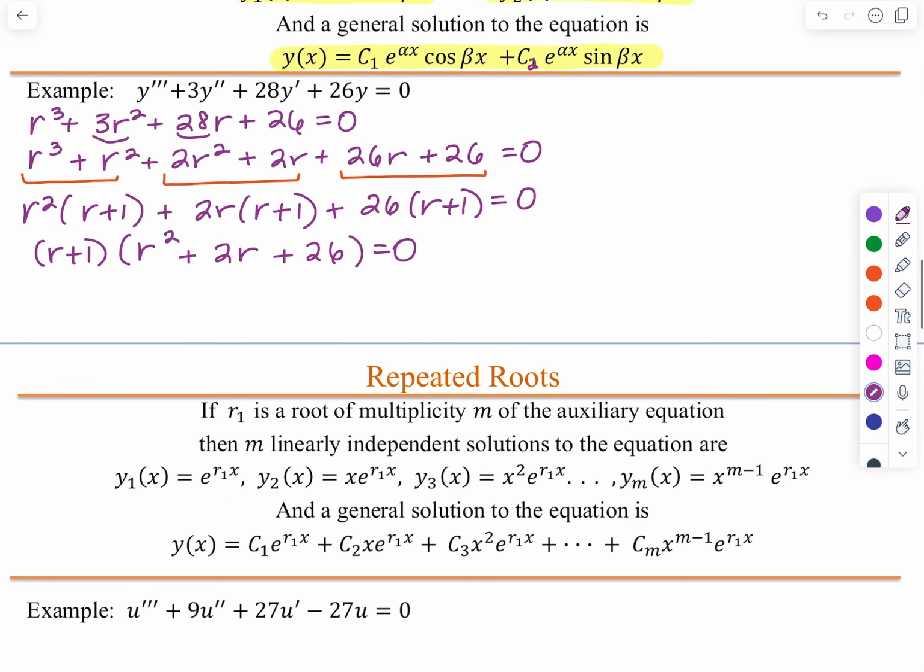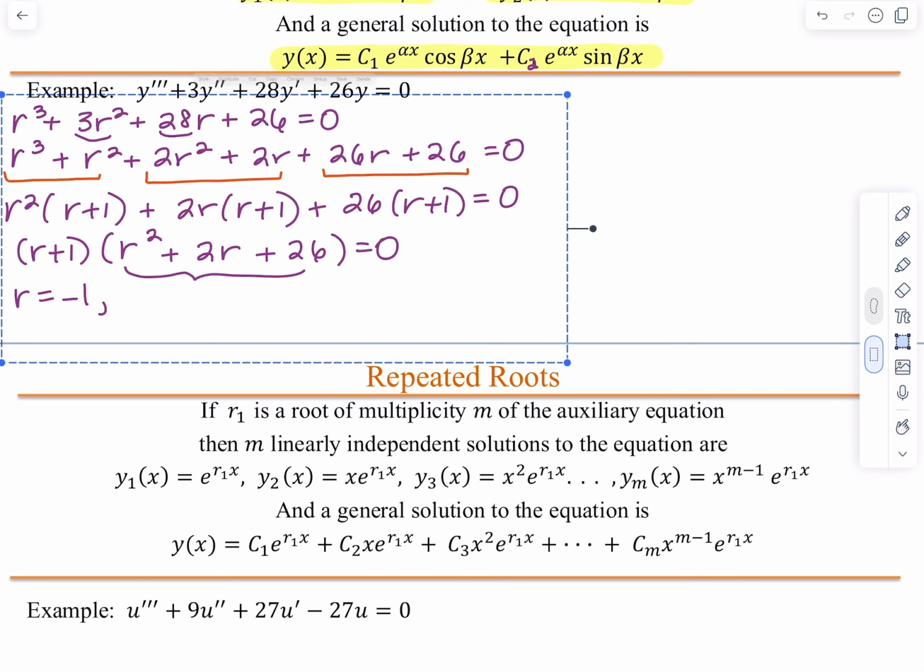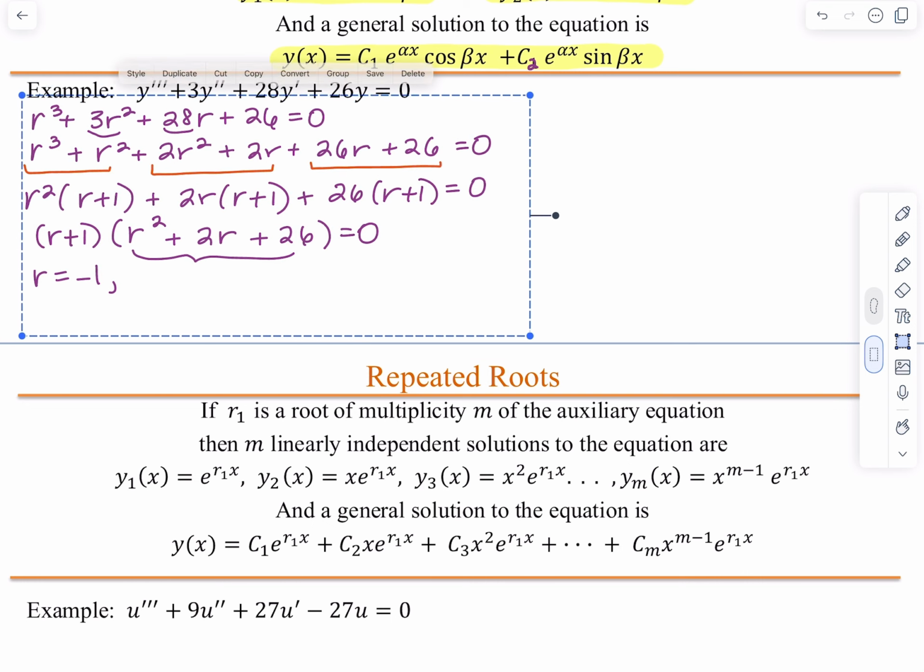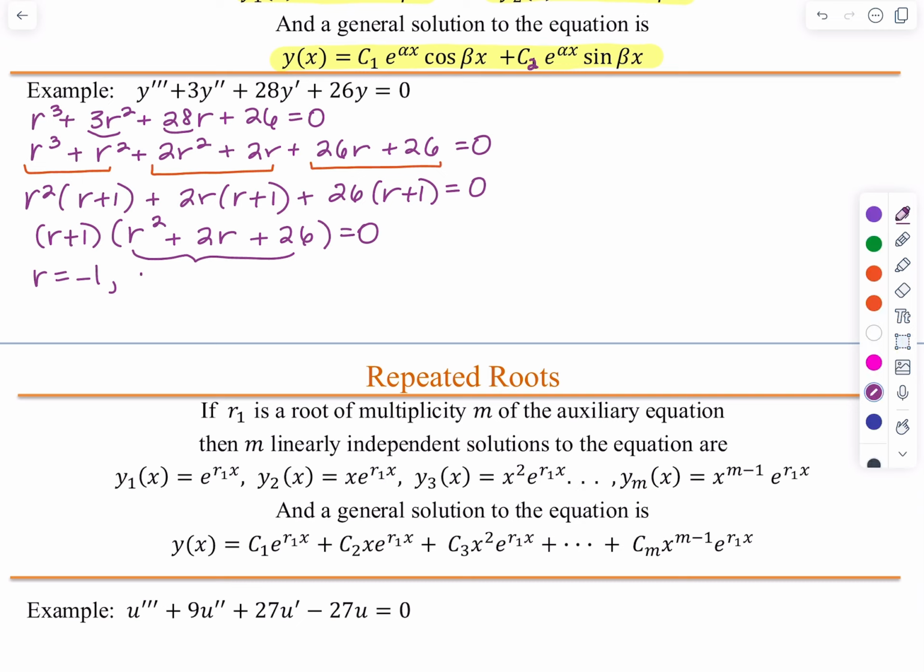So now we know that either r is equal to -1 or, and we could go ahead and find this r. And here we have r is equal to the opposite of 2 plus or minus the square root of 4 minus 4 times 26 all over 2.